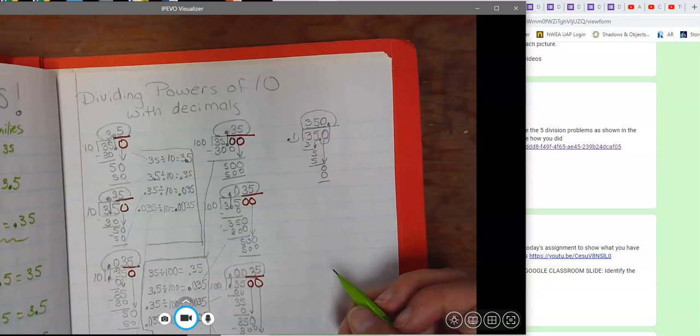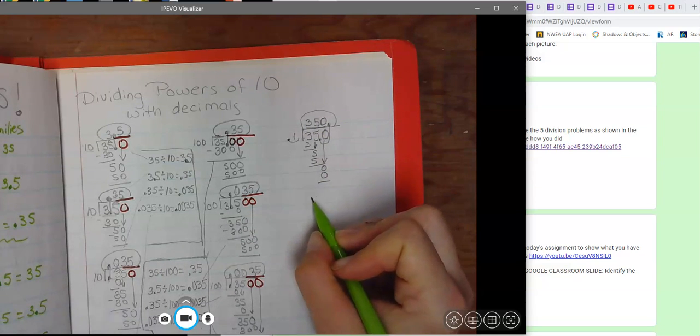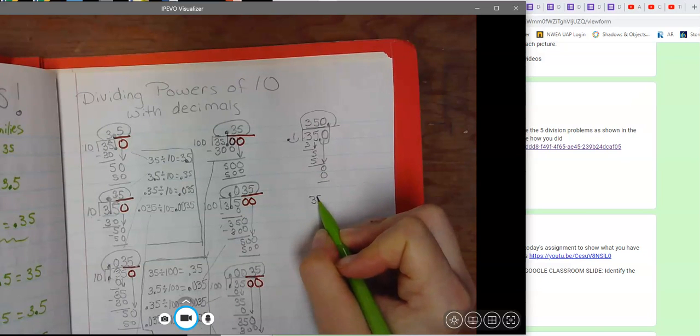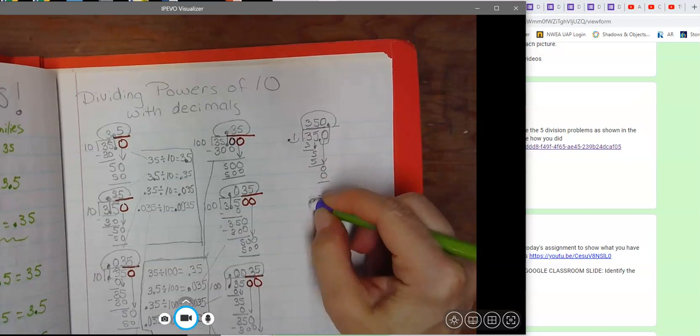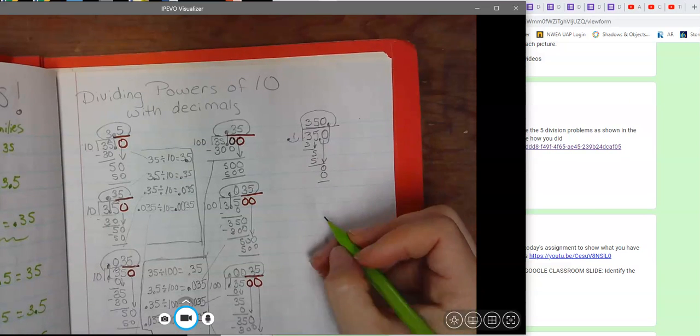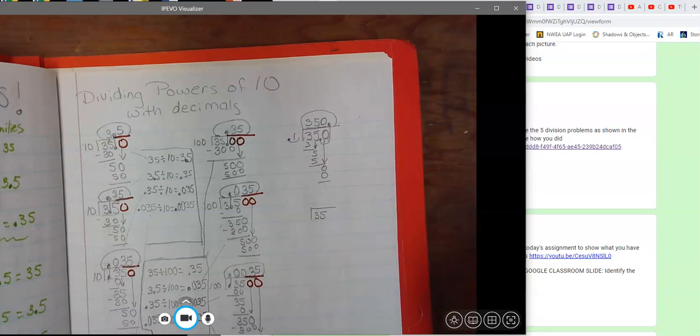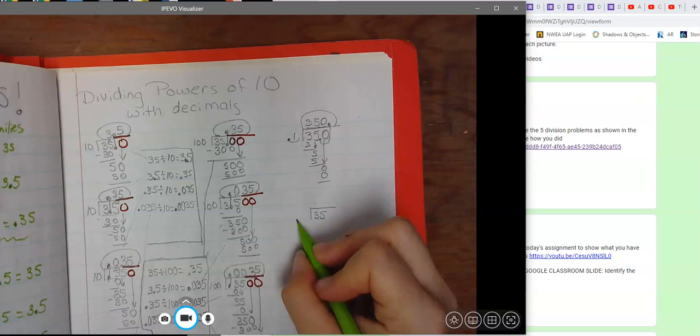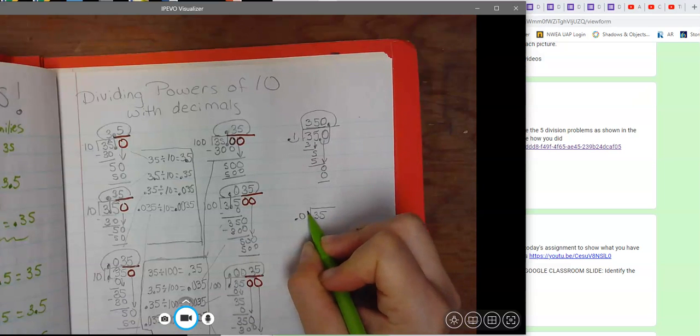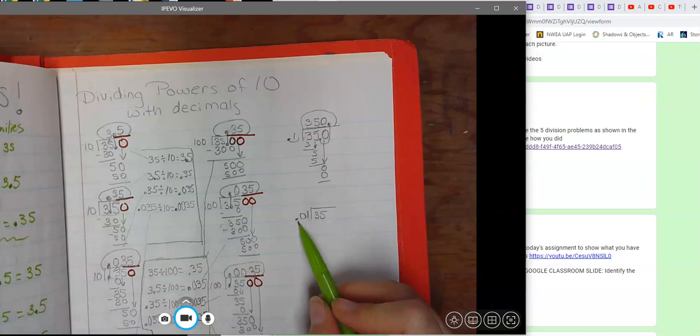We are now going to continue starting out with 35. Oops, I better give myself a little more space. 35. Dividing it this time by 1/100th. I can't just move the decimal once.